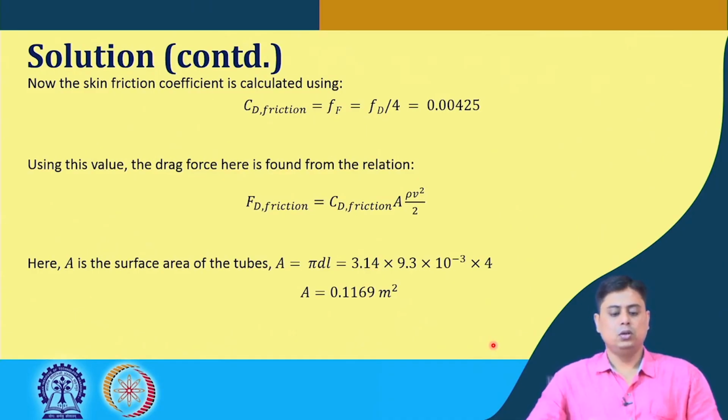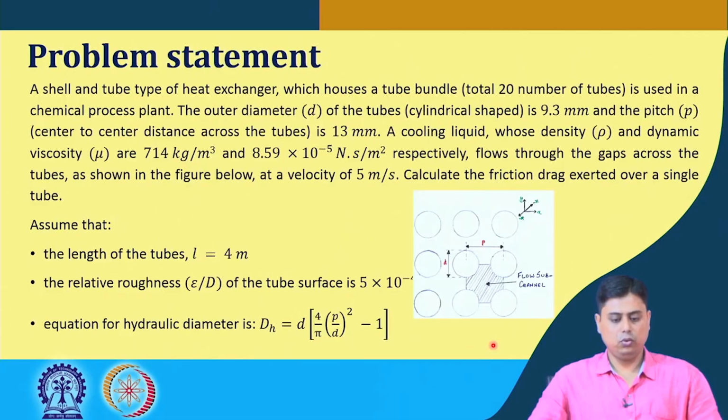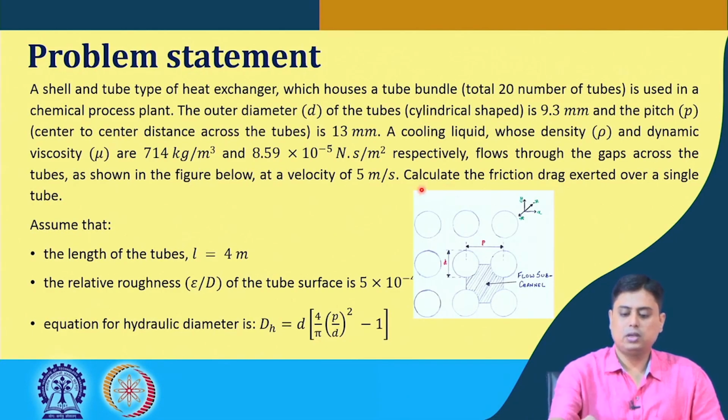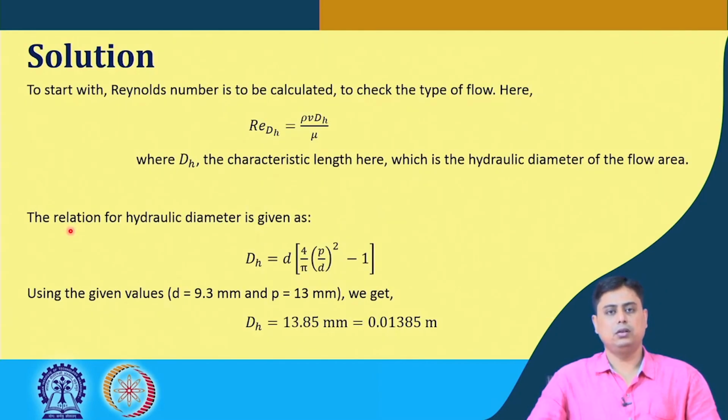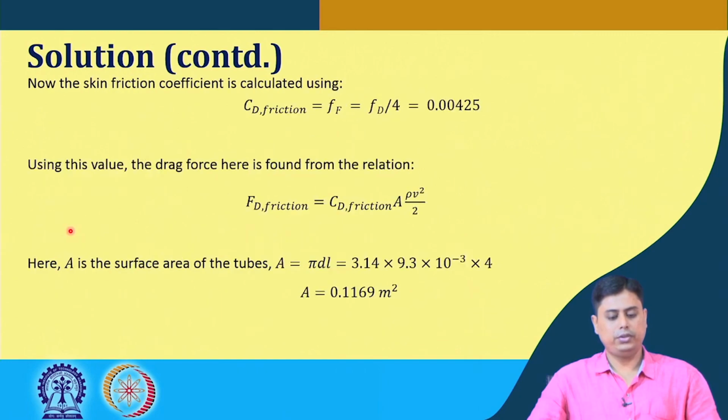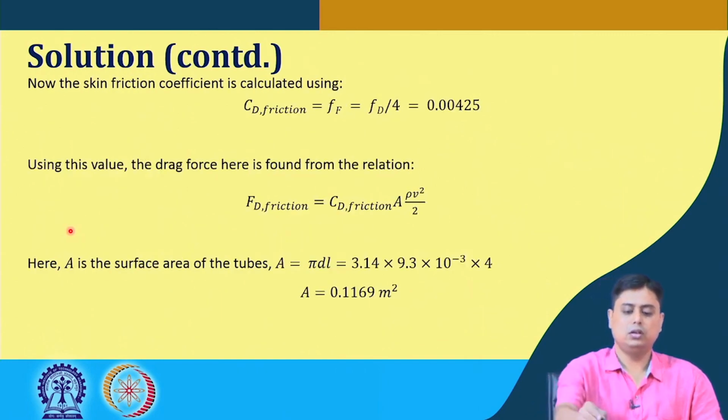Now, the question was to calculate the friction drag exerted over a single tube. Which means we need the coefficient of friction for the drag, which we have got from the Moody's chart.